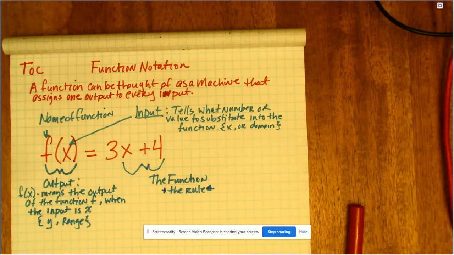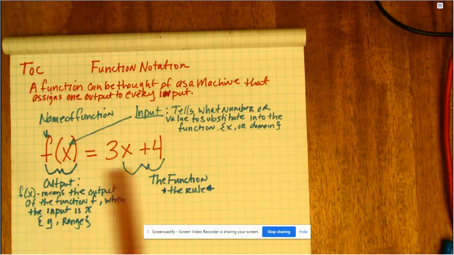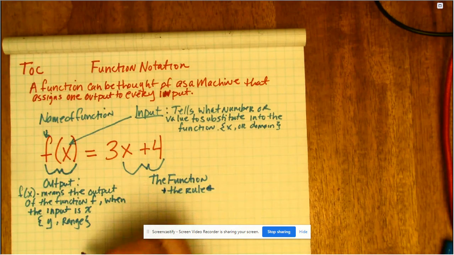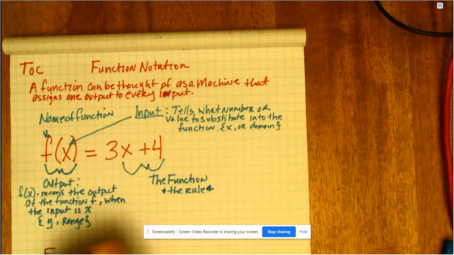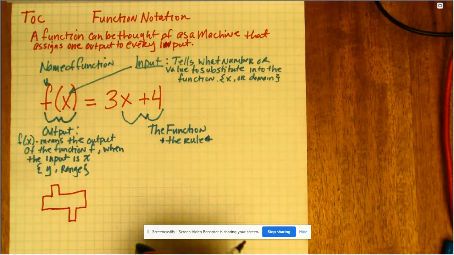So let's go ahead and look at this function and what that's going to look like with certain inputs and outputs. When we see a function machine, we also often see a machine that looks like this. This is what a function machine looks like.